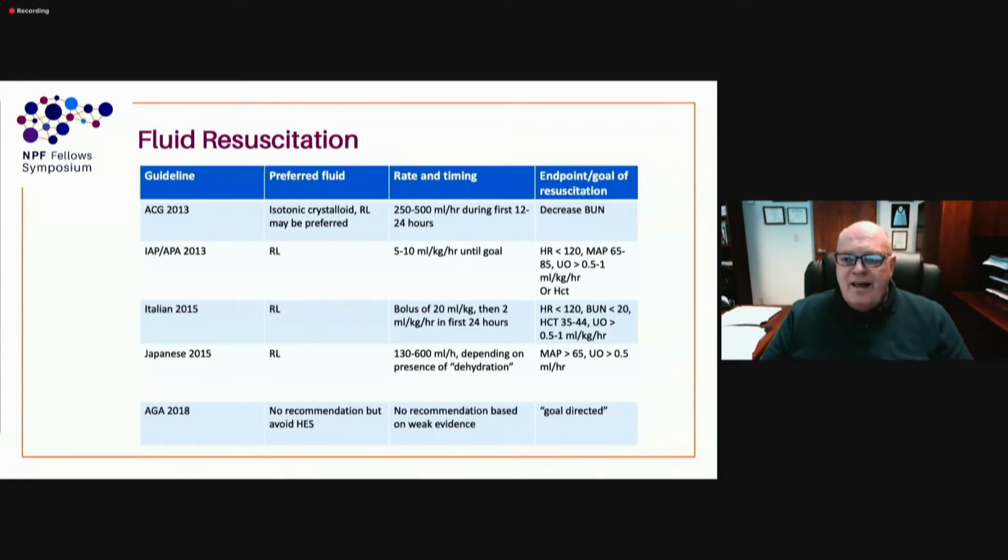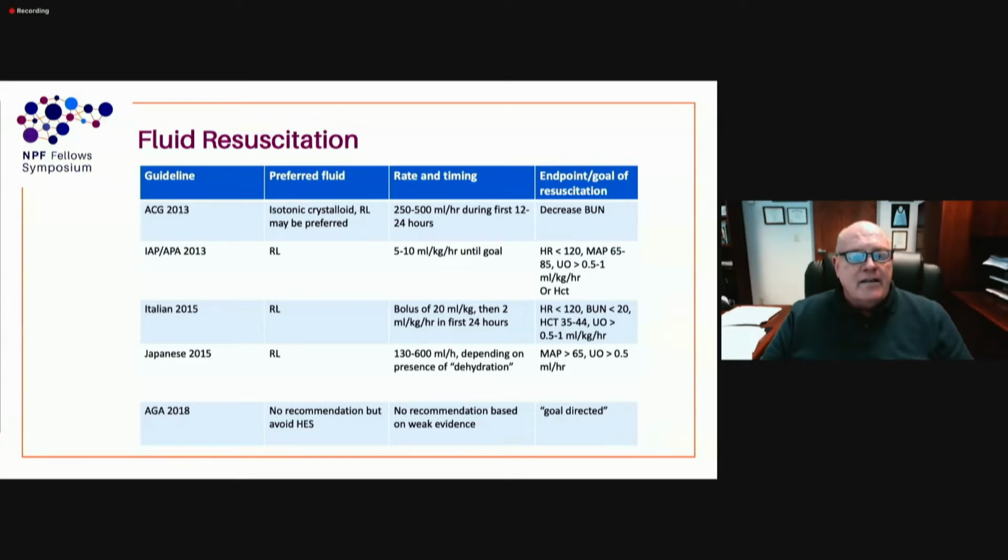So we don't have a lot of high quality evidence. What we do have are a lot of guidelines. This is a list of 5 guidelines giving clinicians like us information on how to resuscitate patients with acute pancreatitis: the fluid, the rate, the timing, and the endpoint. What I'll point out is there's significant variation across guidelines.